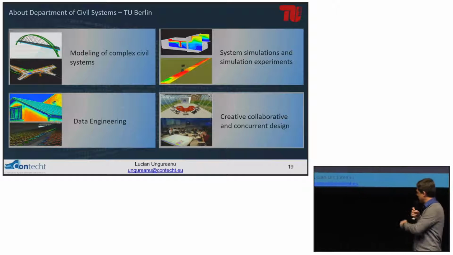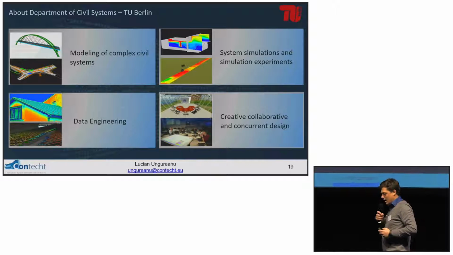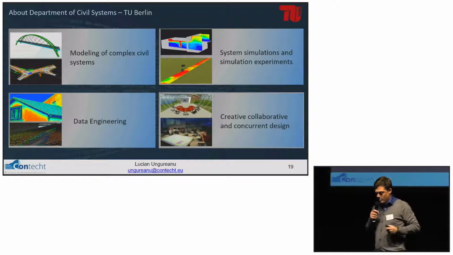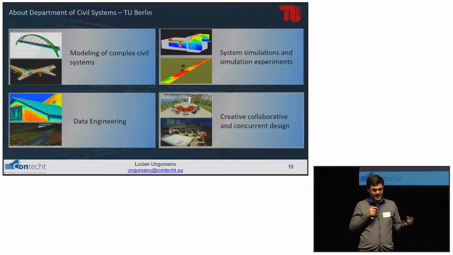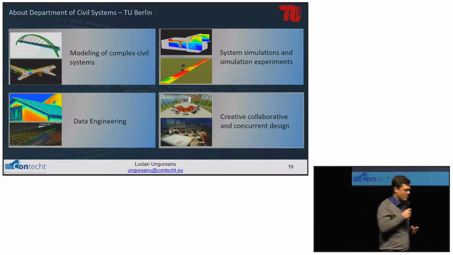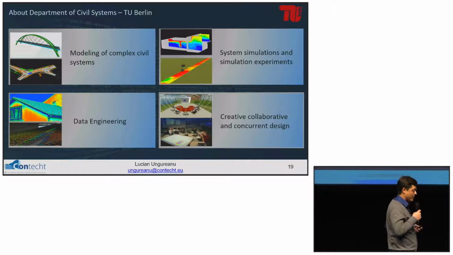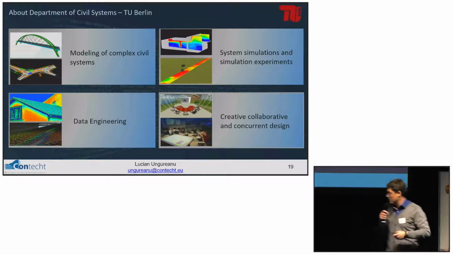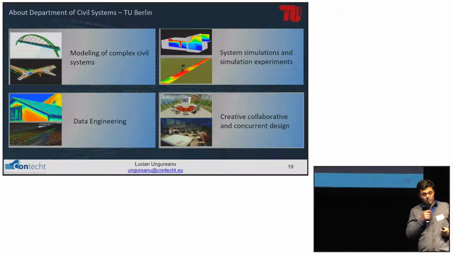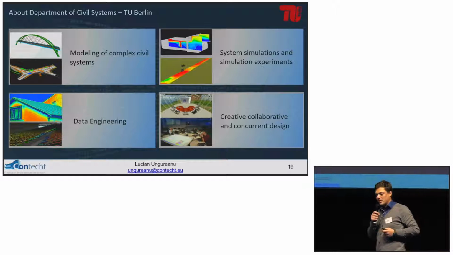We have a whole class, which we call data engineering, teaching the students the basics of data analytics, and they get to learn the most common machine learning methods and how they can use them in the civil engineering field. And of course, wrapping up everything into one class, thinking about collaboration and integration.